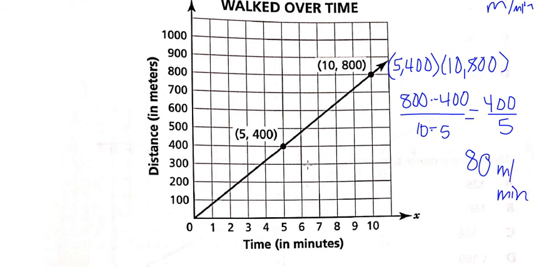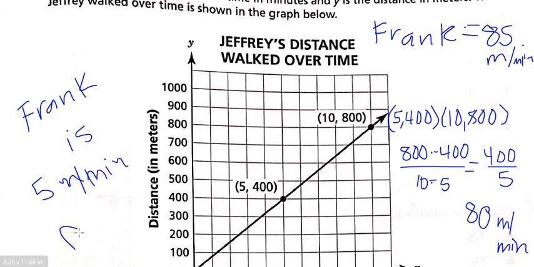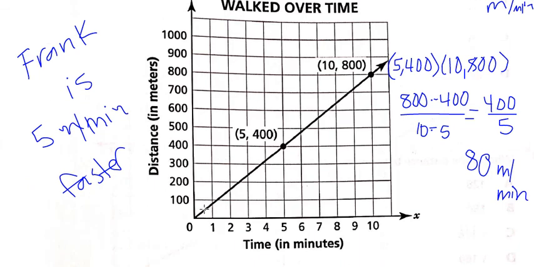So first of all, let's think who is going faster. Jeffrey's going 80 meters a minute, Frank's going 85. So Frank is 5 meters per minute faster. Let's go look. Which one's true?